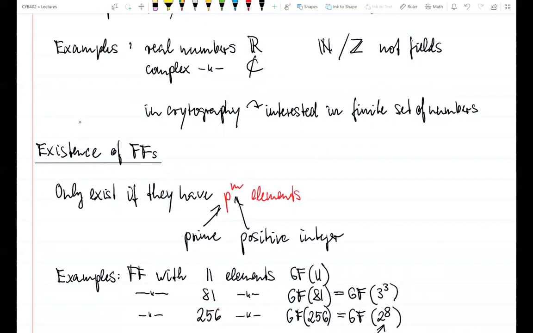Finite fields only exist if they have a cardinality, meaning a number of elements, of p to the m, where p is a prime number and m is a positive integer.